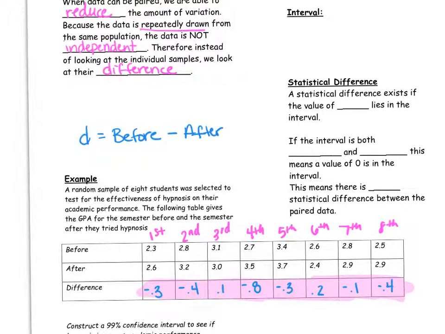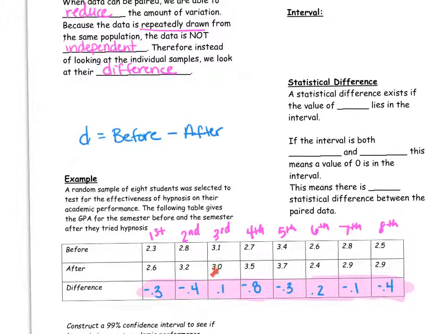What I'm interested in is this. The sign can either be negative or positive. Does everybody see that? What does a negative mean? It means your GPA actually went up. So the after was what? Bigger than the before. Do y'all see that? If it is a negative difference, the after is bigger than the before. So after hypnosis, this person actually had a better GPA. Everybody got that? But after hypnosis, the positive means what?